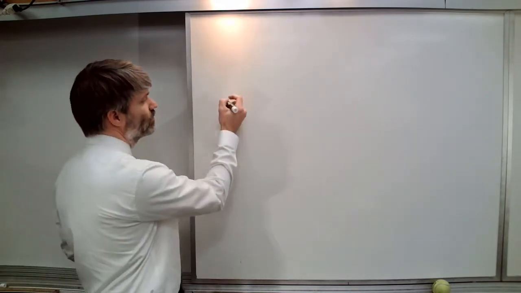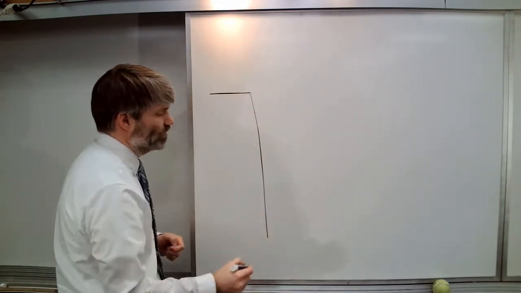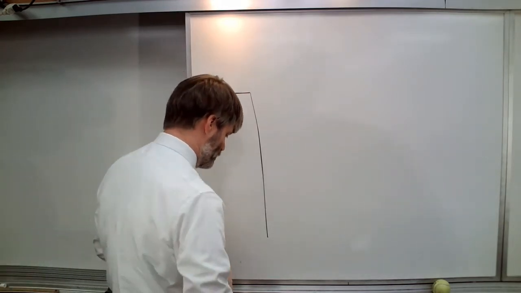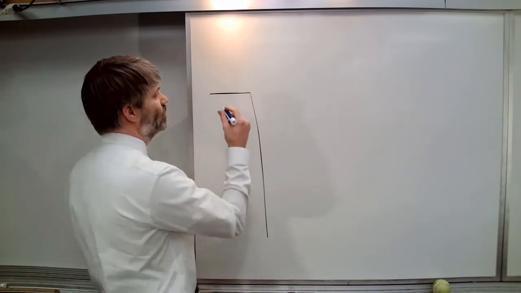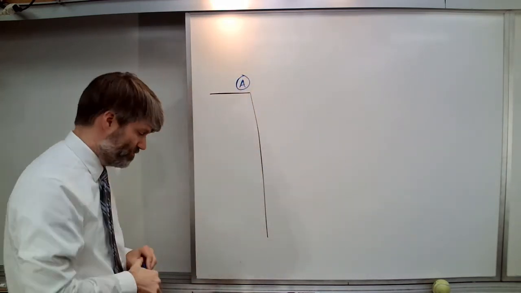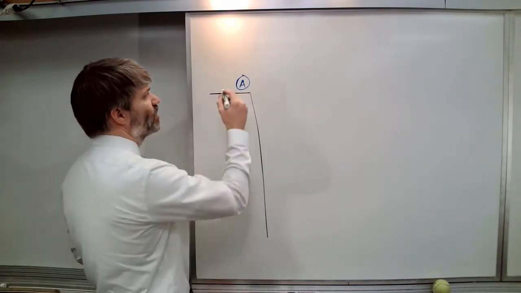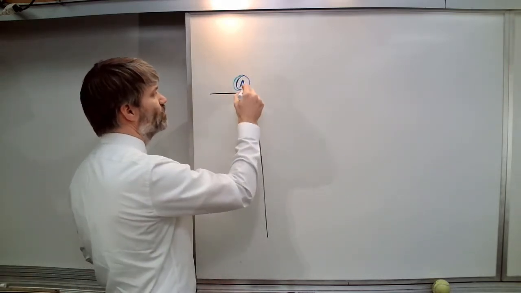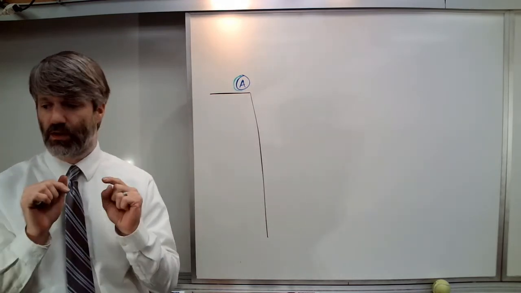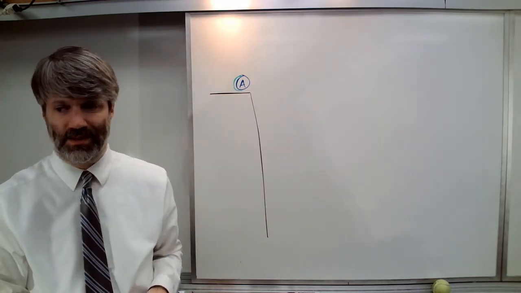So, we've got some kind of table or bench. There are two spheres here, a red one and a blue one. Call that one A, and then behind it is going to be B. Both of these spheres are launched off of the table at the same time.